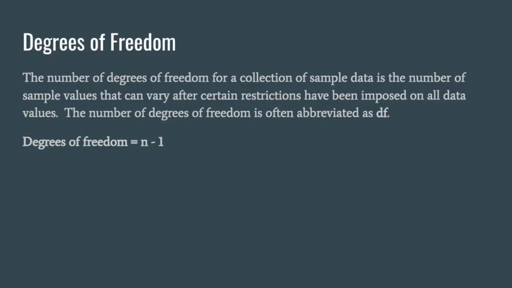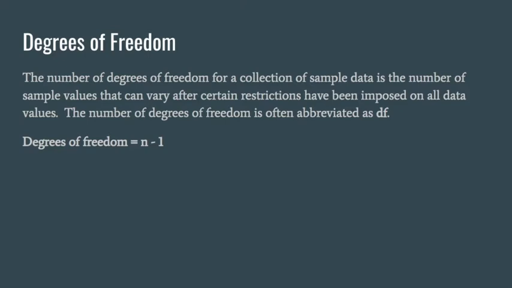So I had 19 opportunities to make a choice because my sample size was 20. I had 20 things and 19 choices to make. The very last one wasn't really a choice at all. I just had to give that student what was left. That's the idea of degrees of freedom.